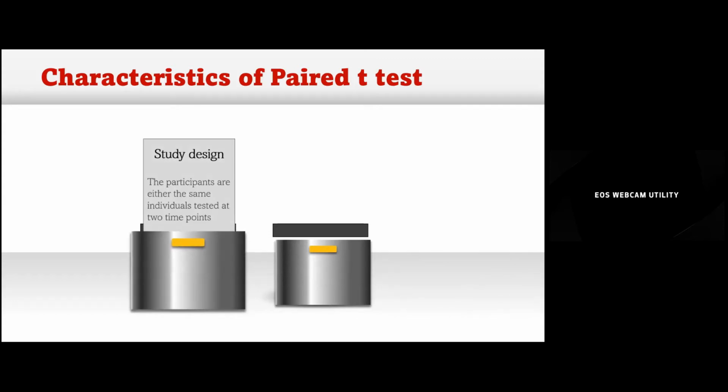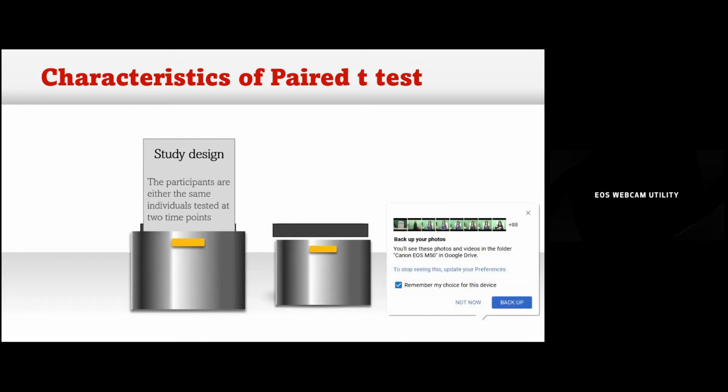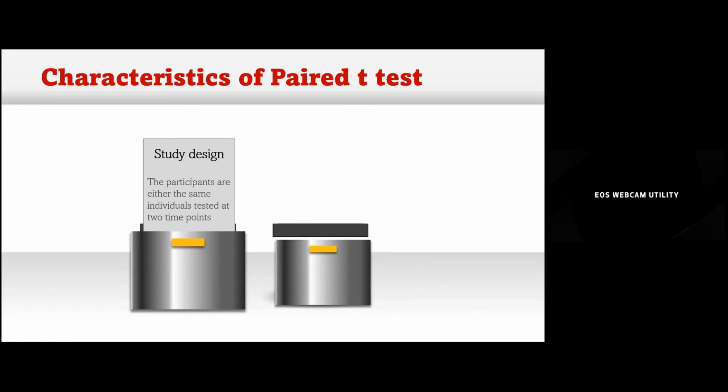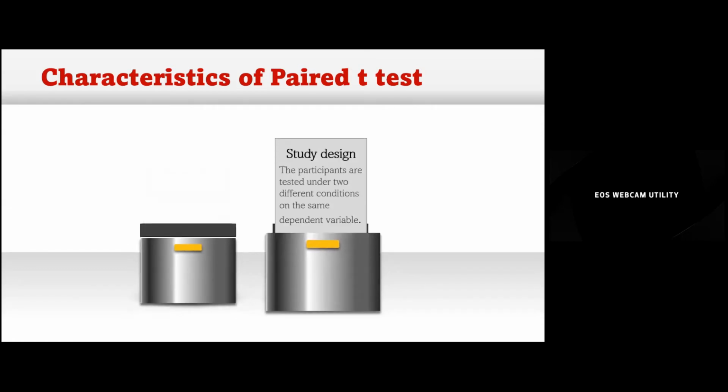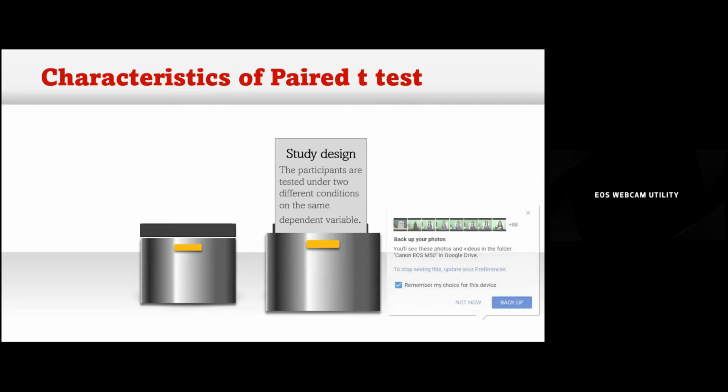The first type of study design is that the participants are either the same individuals tested at two different time points, or there are two types of intervention tested under two different conditions, like we did with medicated versus non-medicated lotion on the right arm versus the left arm.